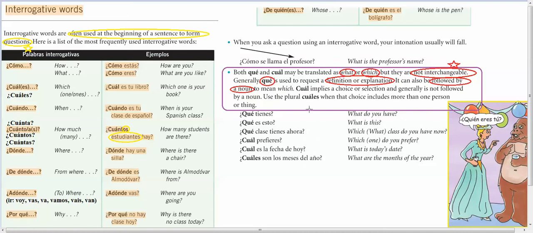Cuál implies a choice or a selection. So cuál, choice or selection, and it's generally not followed by a noun. So if we're going to be choosing between these two and we see a noun, then we're going to pick qué, not cuál. So not followed by a noun, that's important.